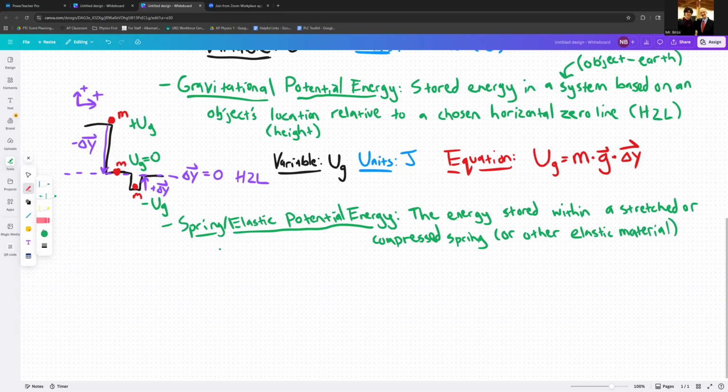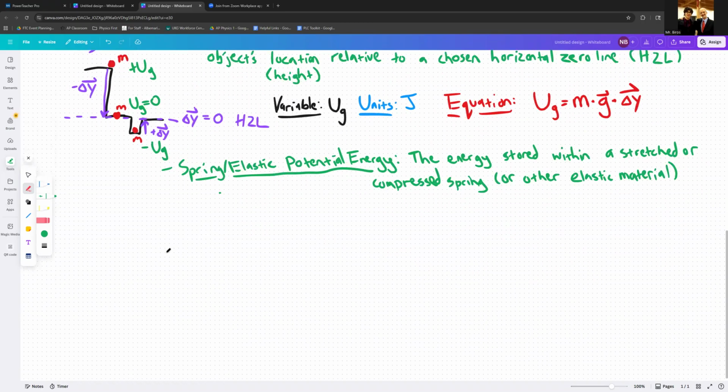So this could be like a rubber band that's been stretched or something that holds or stores that energy. Most of the time for our problems, we're really just going to be dealing with springs. So yeah, when you stretch or compress a spring, it has stored energy within it.